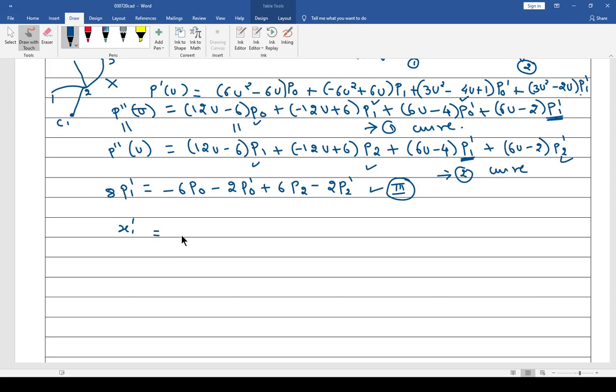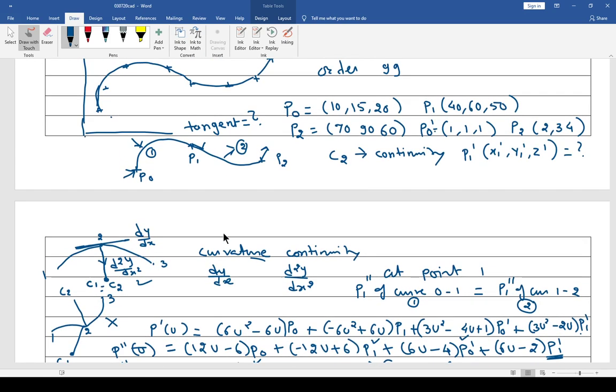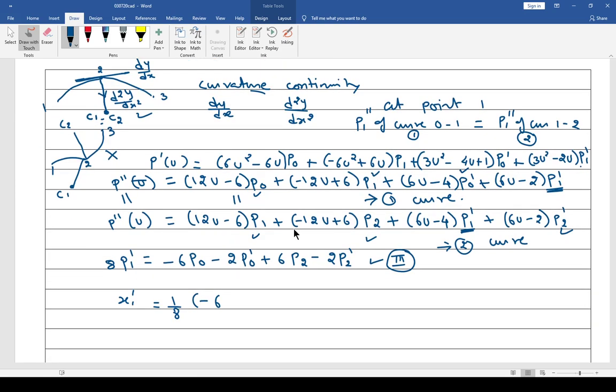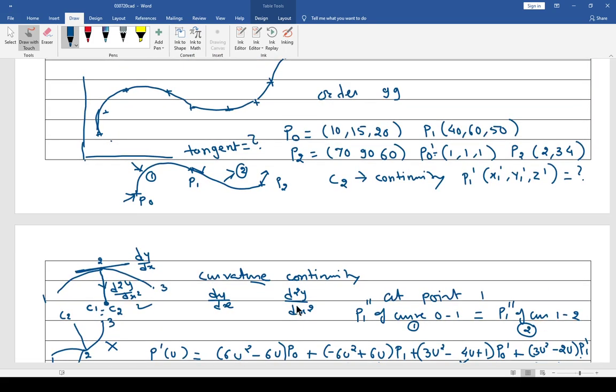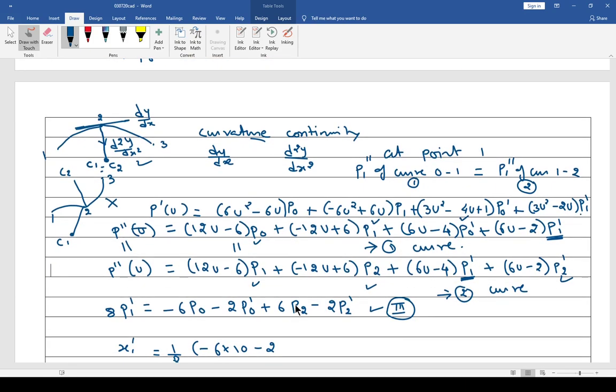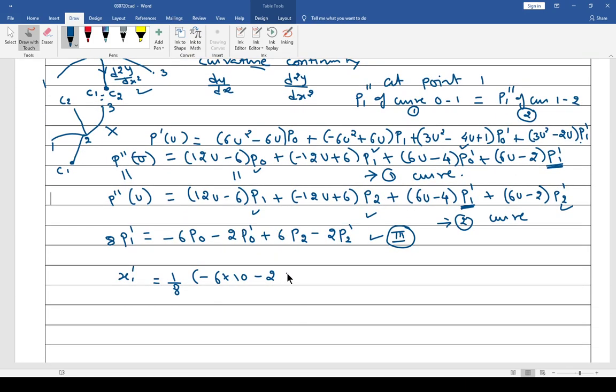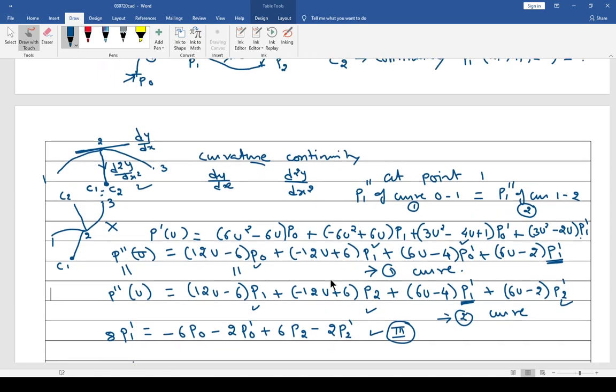Okay, so if I know this, then I can get the equation of two different curves. So that is what I am trying to do. x1 dash is equal to 1 by 8, minus 6 into x0, which is 10, minus 2 into p0 dash, which is 1, plus 6 into p2.